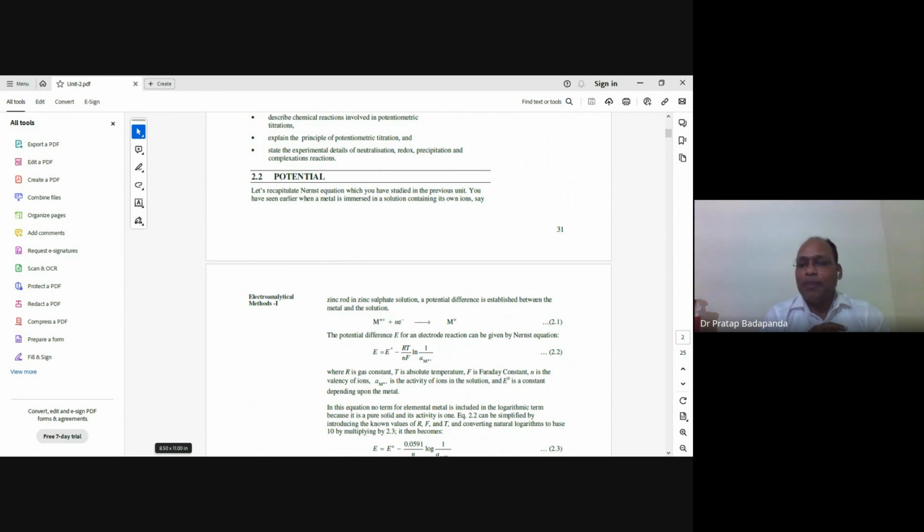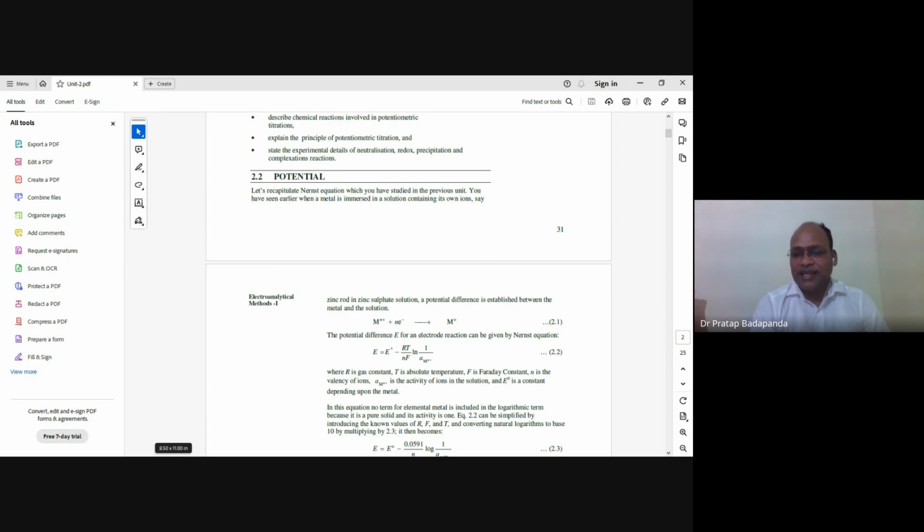Zinc is the metal here, and you know that a metal will release electrons. That is the very honest behavior of metals due to their electropositive nature. So zinc will release 2 electrons to get a stable configuration, right?